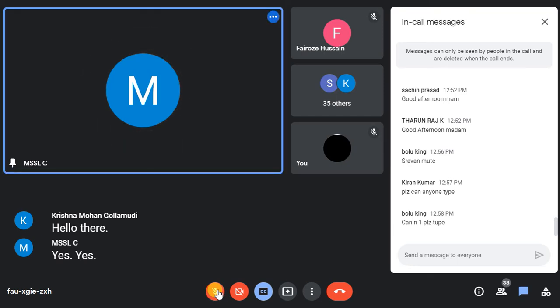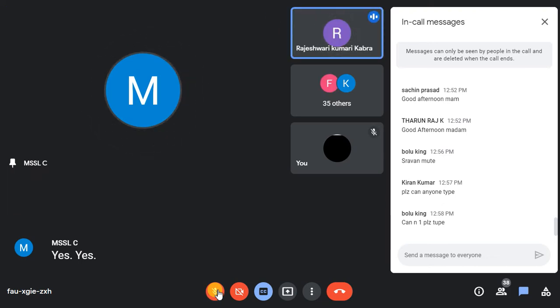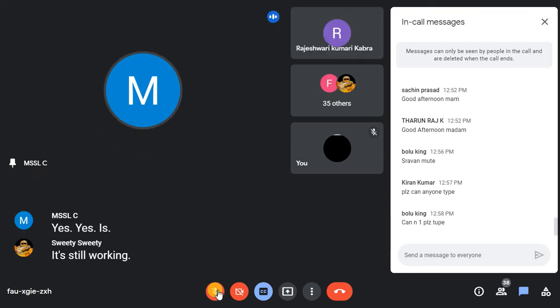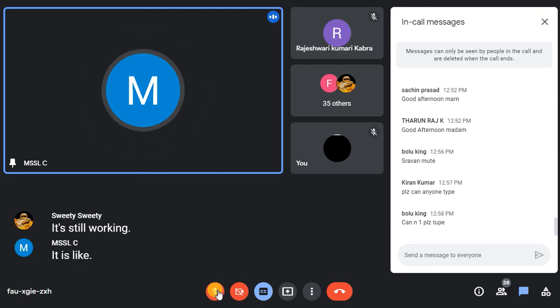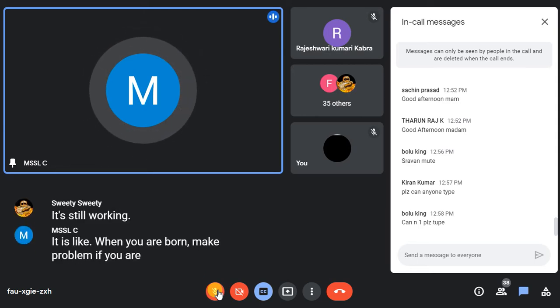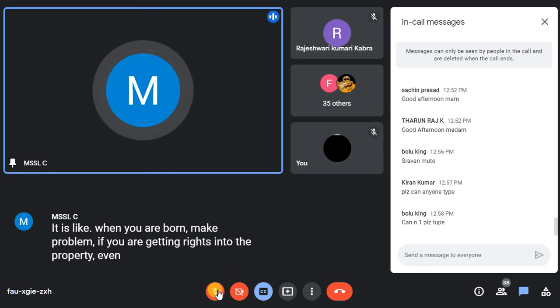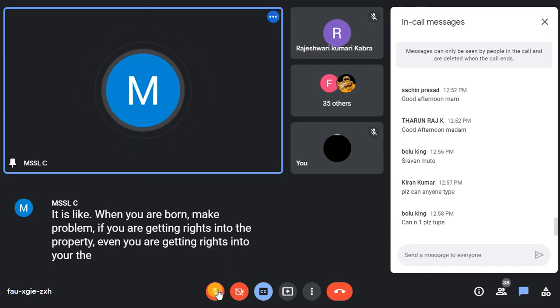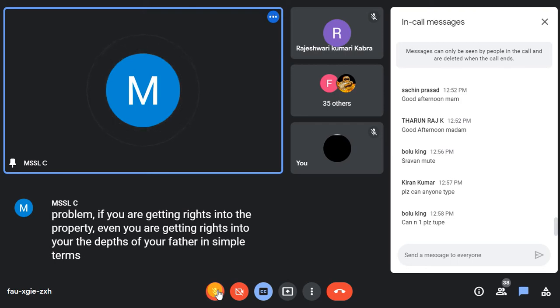Yes, ma'am, it's still working. It is like when you are born, if you are getting rights into the property, you are also getting rights into the debts of your father. In simple terms to explain, that is pious obligation.